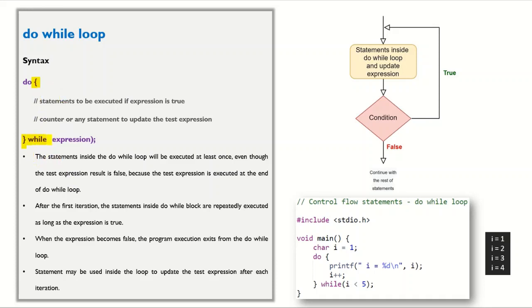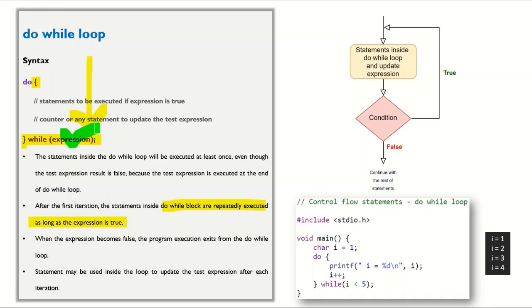Here the while expression is given at the end of the do while loop. So these statements will be executed at least once even though this expression is false. After the first iteration, the statements inside the do while loop are repeatedly executed as long as the expression is true.